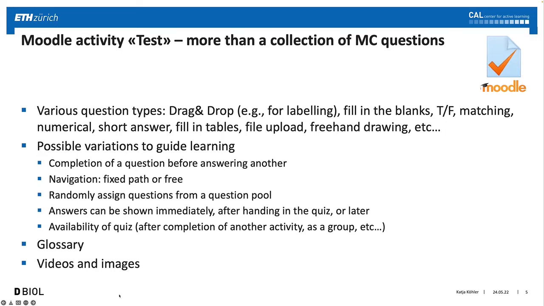You can randomly assign questions from a question pool if you don't want all students to see the same question. You can have a pool with similar questions from which questions are randomly assigned. You can show the answers immediately after handing in the quiz or just after finishing the complete quiz.